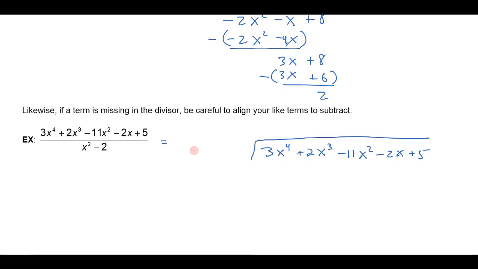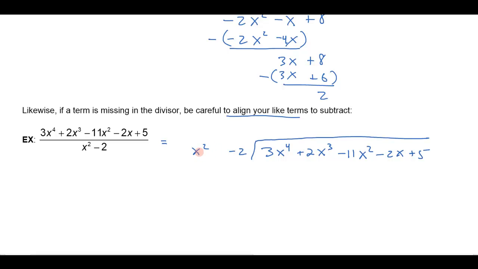Okay, and if you want, you can leave a space like we did, 0 x's minus 2, or you can just be careful. In this case, I'm going to actually leave it blank just to illustrate the idea that we want to just be careful to align our like terms. So it isn't necessary to put that in.